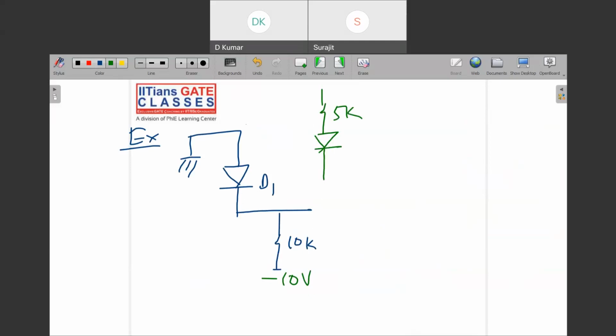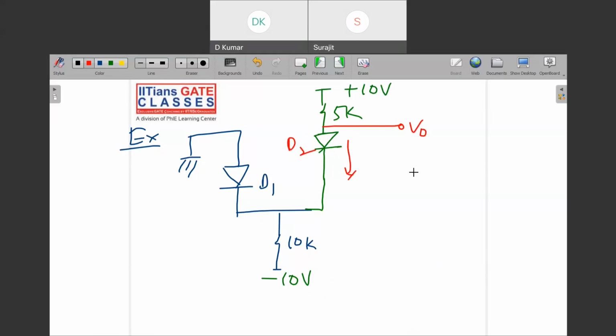Don't waste time. This is plus 10 volt, minus 10 volt, and you have to find V naught here. This is diode D2, this is diode D1. You have to find the current through each diode, and test whether each diode is on or off.